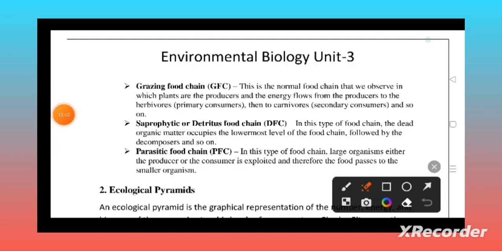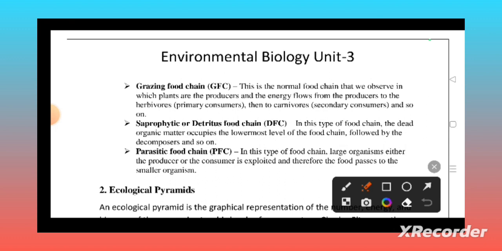The food chain is divided into different types: the grazing food chain, the saprophytic or detritus food chain, and the parasitic food chain. Let's come to each one in detail. The grazing food chain starts with green plants, which are eaten by the primary consumers, the herbivores, and then they are consumed by the secondary consumers, and so on, tertiary and quaternary.